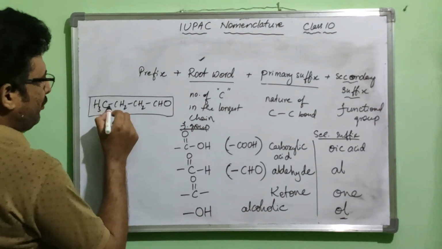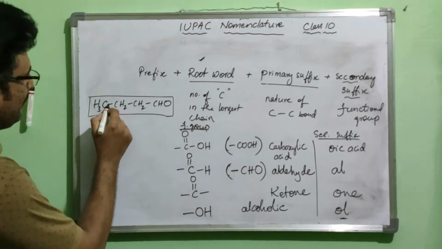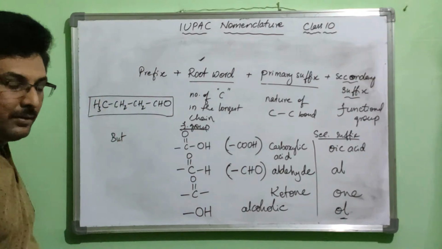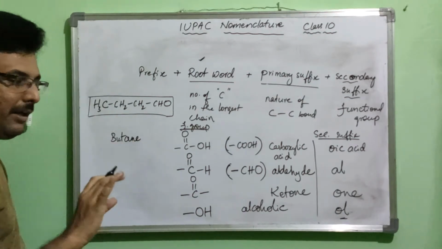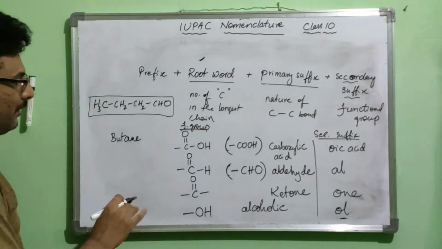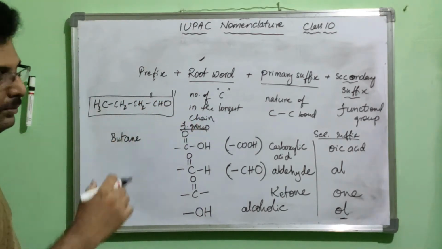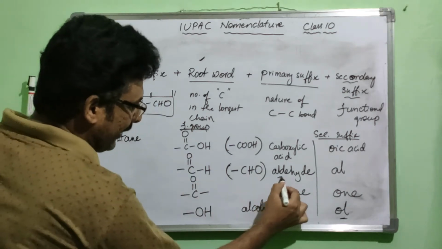And the nature of the bond between the carbons: carbon carbon single bond, carbon carbon single bond, carbon carbon single bond. So all are single bonds, so for all single bonds you will write an. Okay. Now you have this functional group CHO, the aldehyde group.